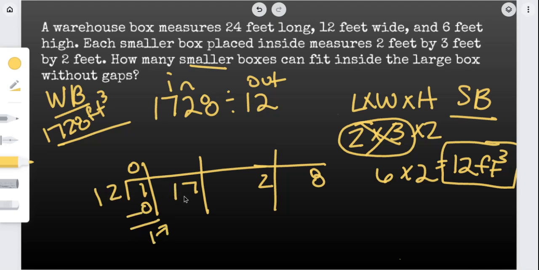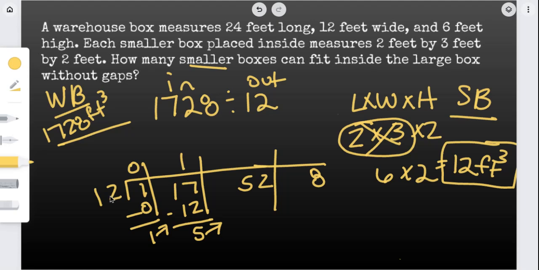How many groups of 12 will fit into 17? 1 group of 12. When I put something on the top, I have to put something on the bottom. Now it's time to subtract. I get 5. And slide. How many groups of 12 are going to fit into 52? Now you may not be as familiar with your 12 facts, but we can work up to it.